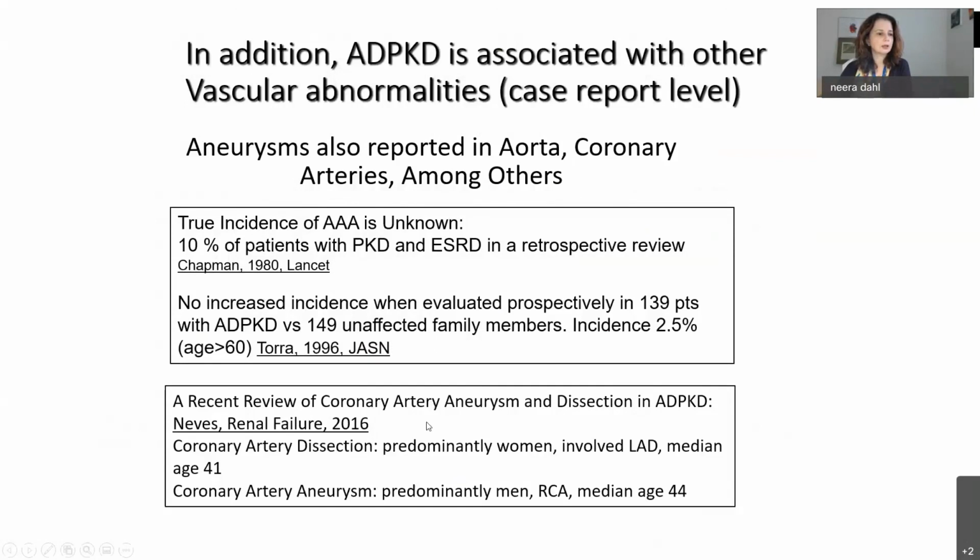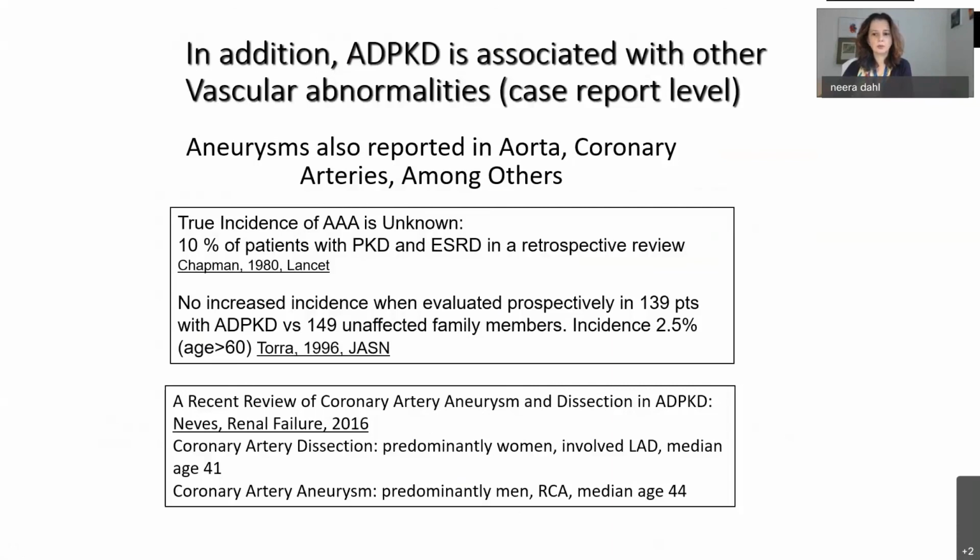This is a paper where they found evidence of a coronary artery aneurysm. I think any large vessel could potentially be aneurysmal, and so it's worth at least remembering.